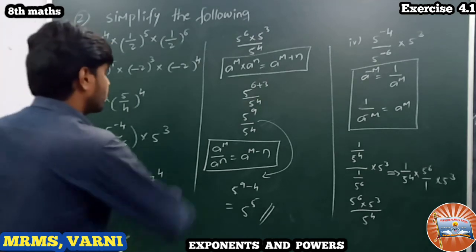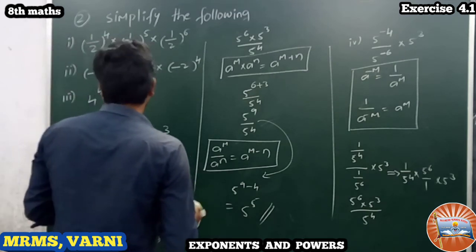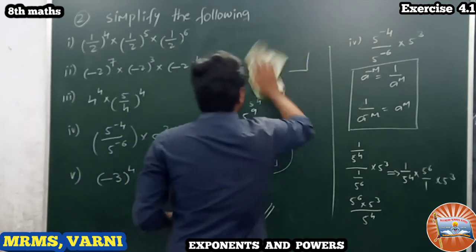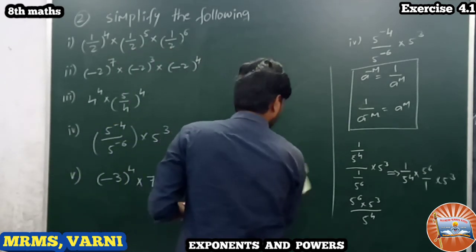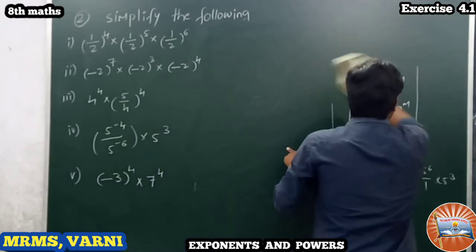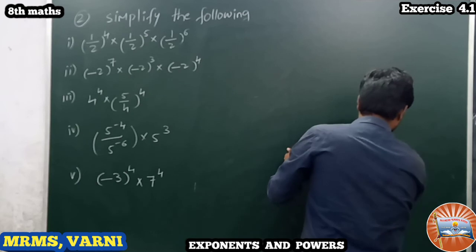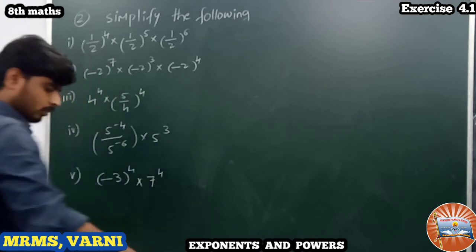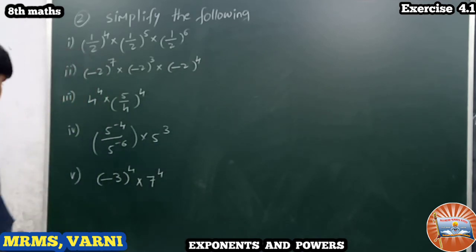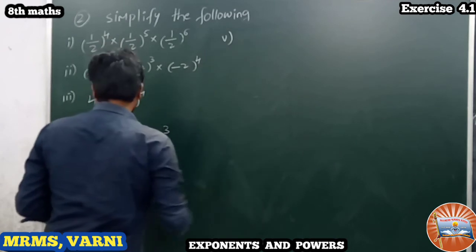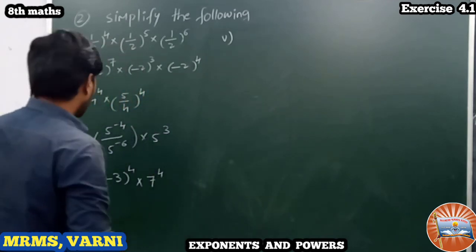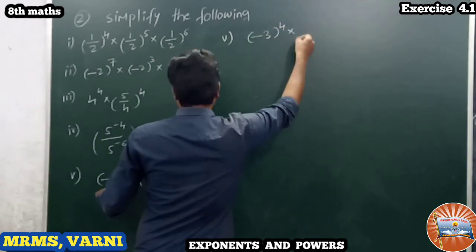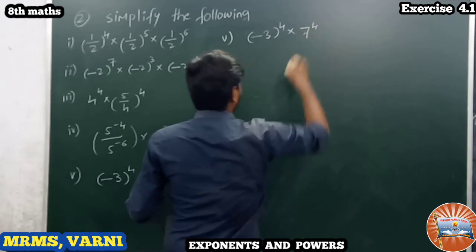Next we go for problem number 5. So the fifth one: minus 3 power 4 into 7 power 4.